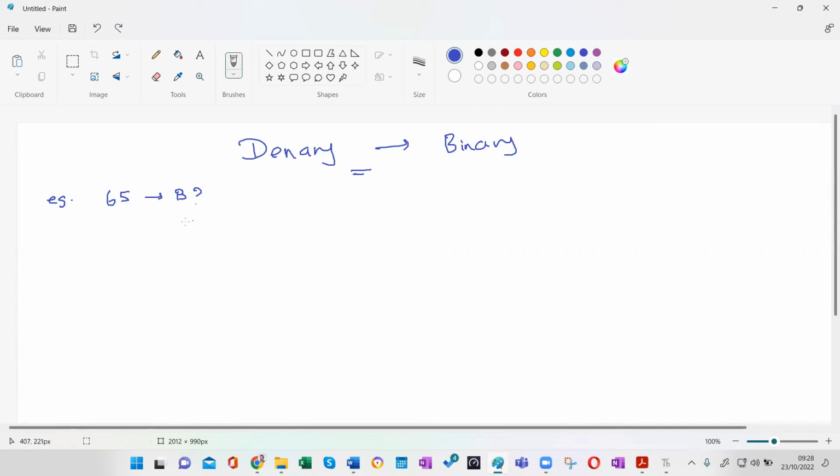So method 1 is the most common method, the normal method. We take 65 and we go on dividing it by 2. Why 2? Because we are converting into binary.